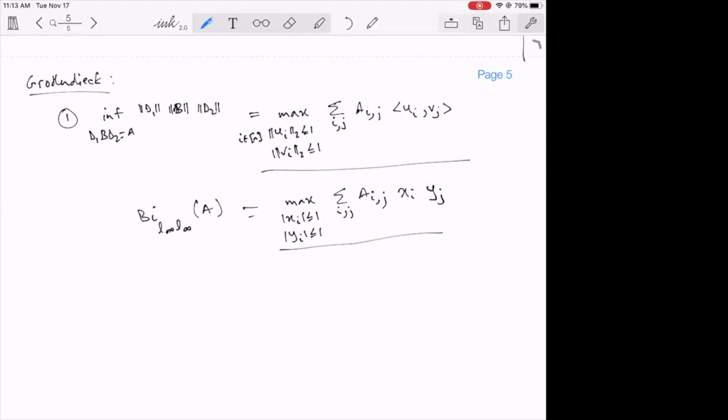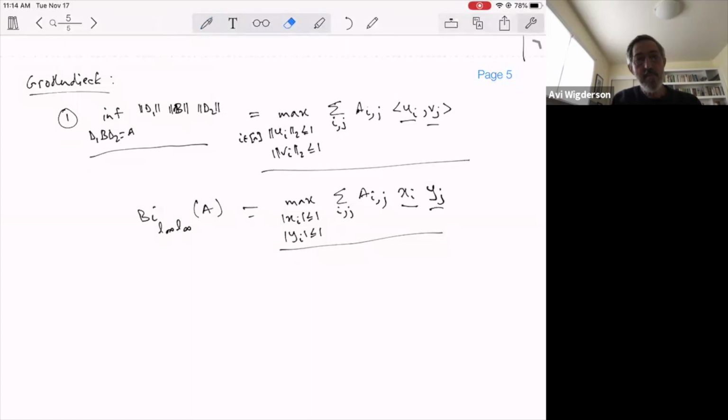So it turns out this factorization norm is actually equal to a maximization problem, where the maximum happens over what appears to be a vector relaxation of the original optimization problem. The xi's are replaced by vectors ui's, and yj's are replaced by vectors vj's. And the condition that xi is at most 1 in absolute value is replaced by the condition that ui has L2 norm at most 1.